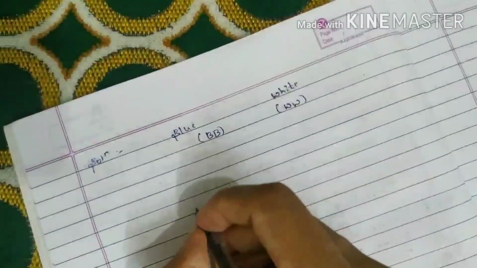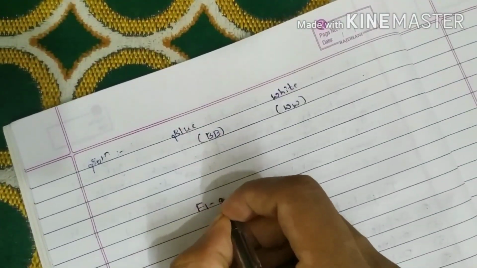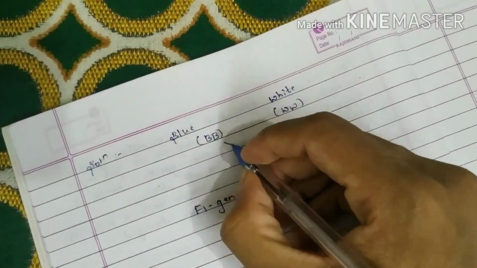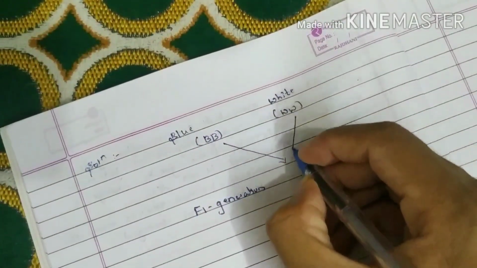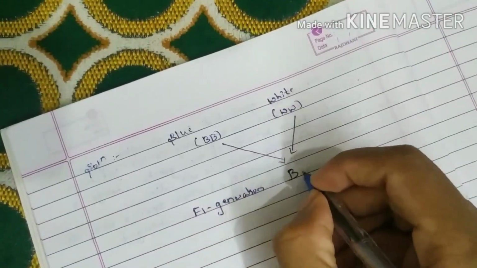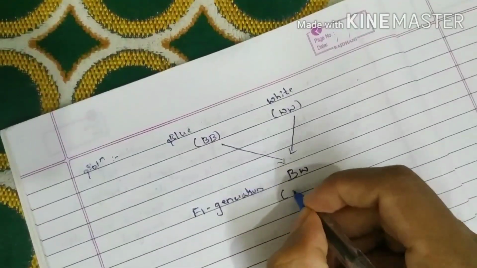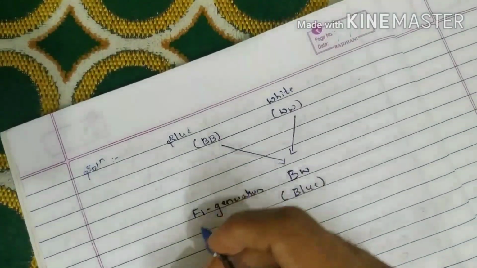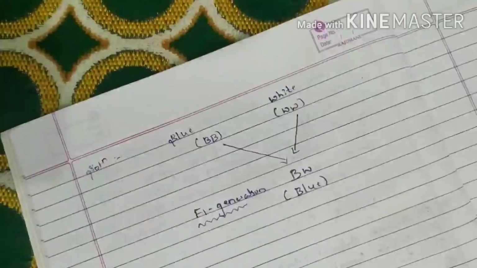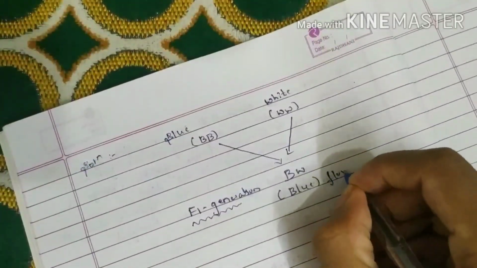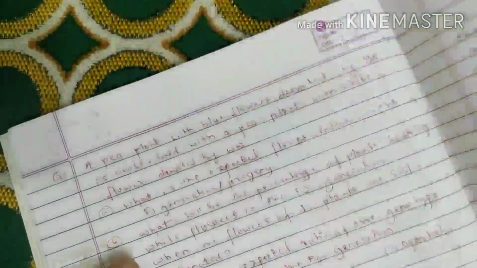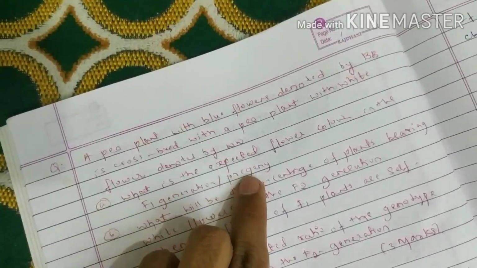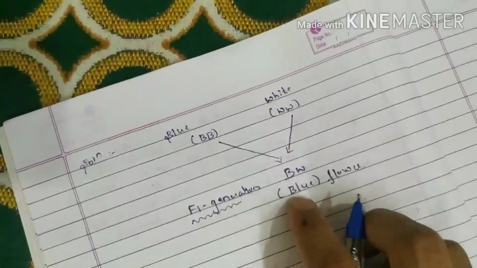So in the F1 generation, F1 progeny, what happened here? From this and from this, we get capital B and small w. So what is the resultant? The flower is blue. So that is the F1 generation. In the F1 generation, the blue flower of the pea plant is obtained. So A: what is the expected flower color in the F1 generation or progeny? The answer is blue color.